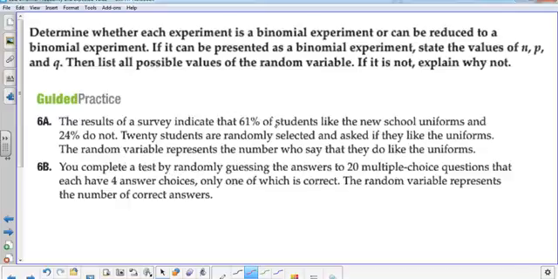Here's 2 more examples. The results of a survey indicate that 61% of students like the new school uniforms, 24% do not. 20 students are randomly selected and asked if they like the uniforms. The random variable is the number who said they do not like the new uniforms. It's a tricky question.